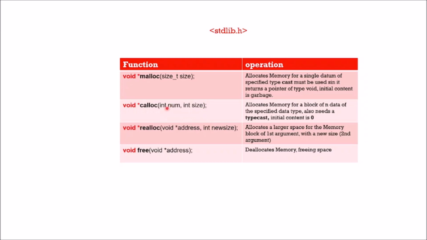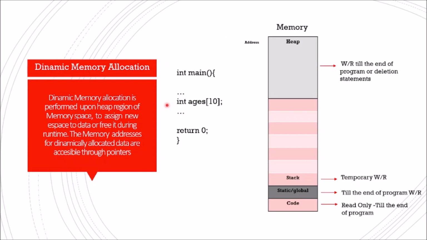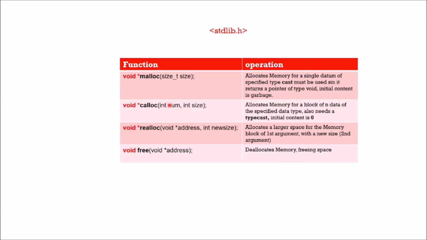So first here I write how many elements. Let's say in this case for ages I want to store 10 elements, and the type is integer. So we will have to specify here the size for an integer and the number of elements, in the previous case 10. Okay, and this will return an address of a memory block that contains space for 10 integers.